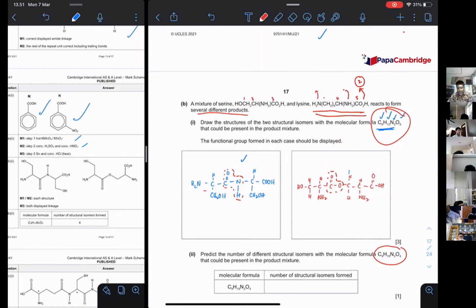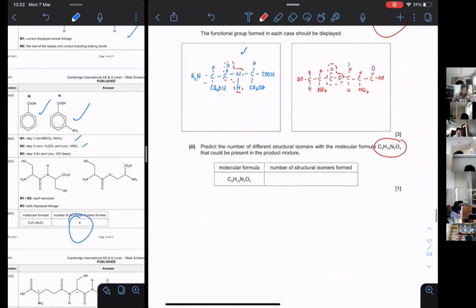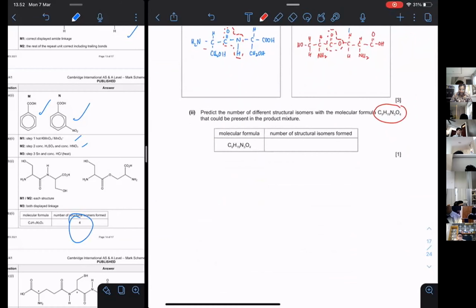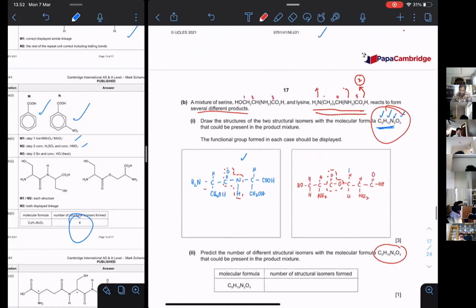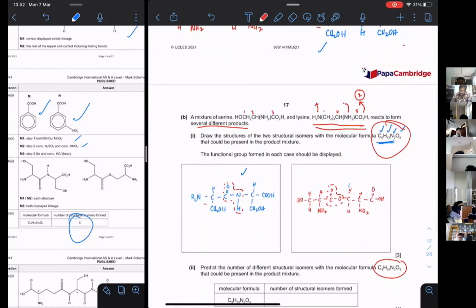And if I join with this, I will get another polyamide. So 2, but why 4? This one we have to really predict different structural isomers. C9, H19, N3, O4. So there are 3 nitrogen, this one and this one.